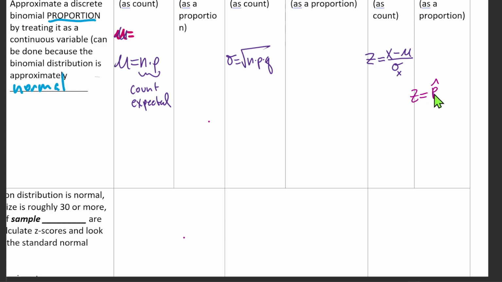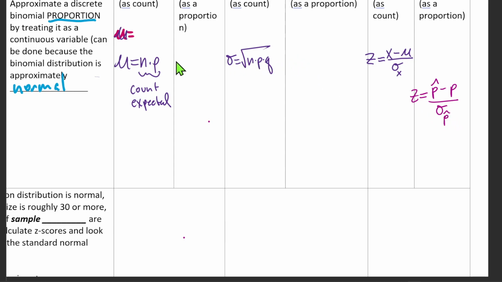So instead of it being an x value, it's a percentage, and that's going to be minus, now what you would compare it with, instead of taking x minus the expected number of the count, you'd compare it with the percentage from the population. So p is from the population. And we would divide that by the standard deviation of proportions.